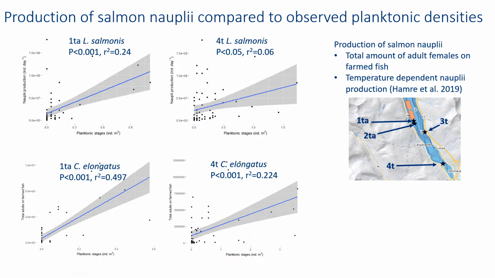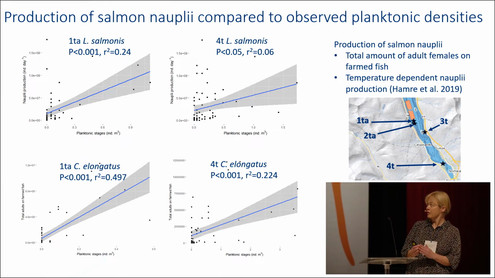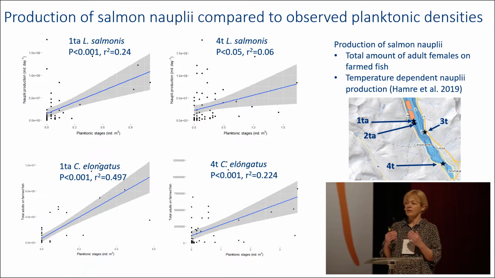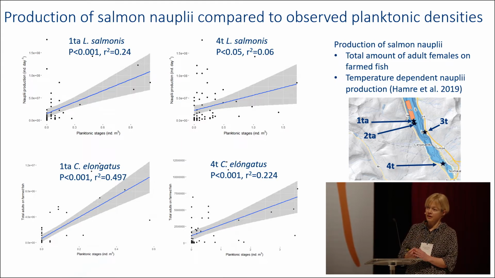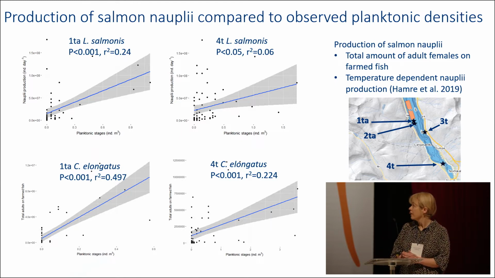So if we look at the statistics, there is a linear relation between the production of salmon nauplii and the planktonic stages in the sea. And this is valid for all the stations we have sampled, but a larger portion of the variance is explained at the station closest to the fish farm.